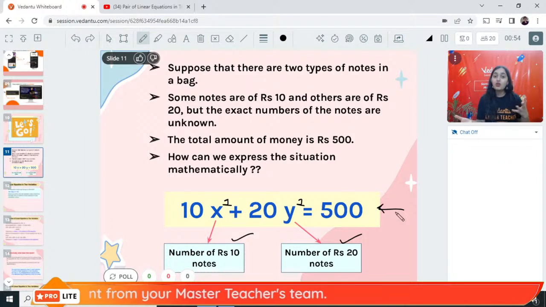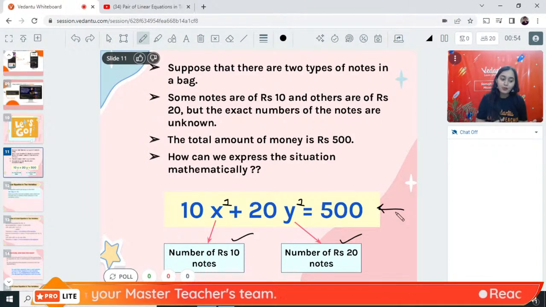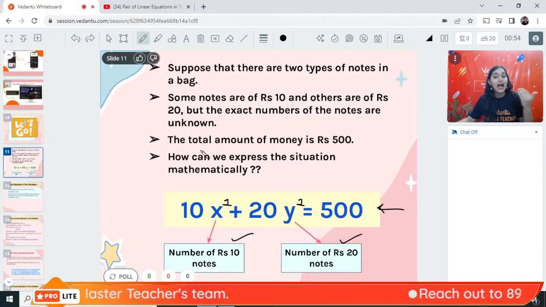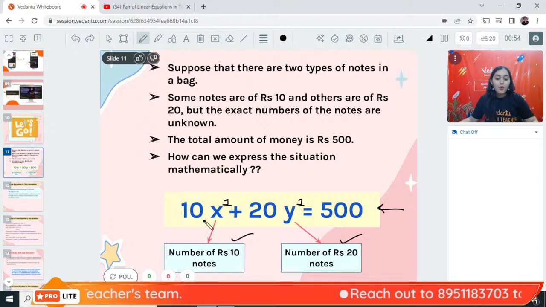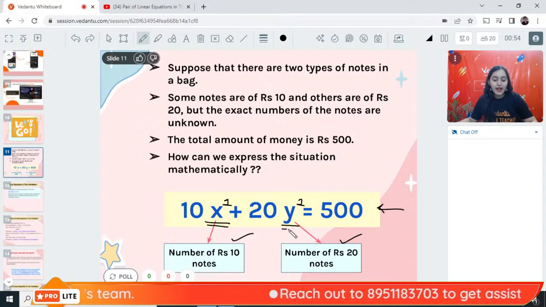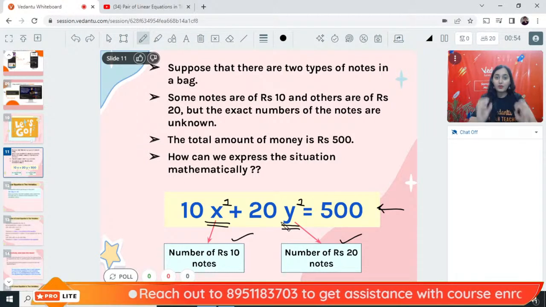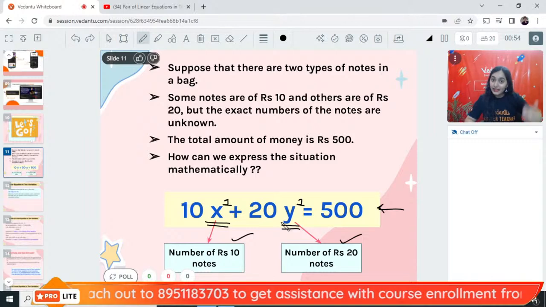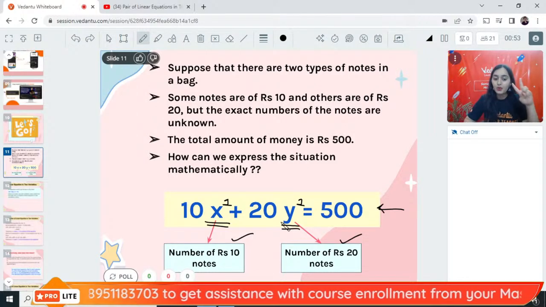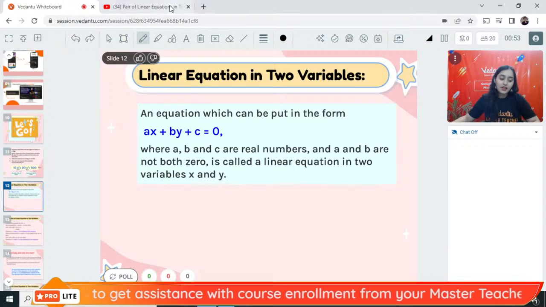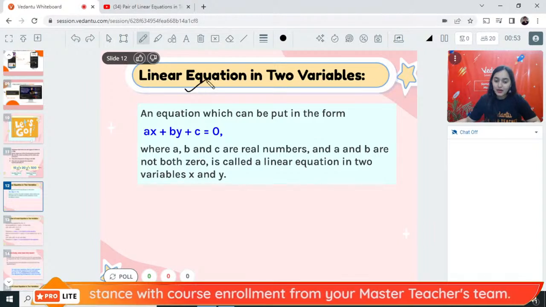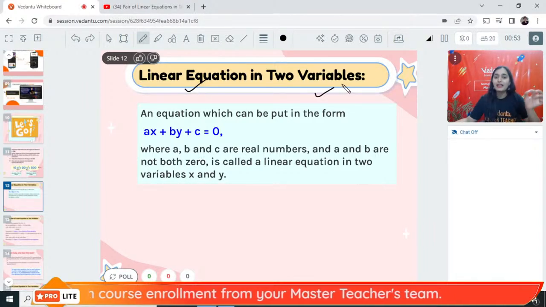If you don't know the relationship between the two, you will have to take two variables. One is the number of 10 rupee notes and the other is the number of 20 rupee notes. Such equations, which are linear, need two different variables, and they are called linear equations in two variables.